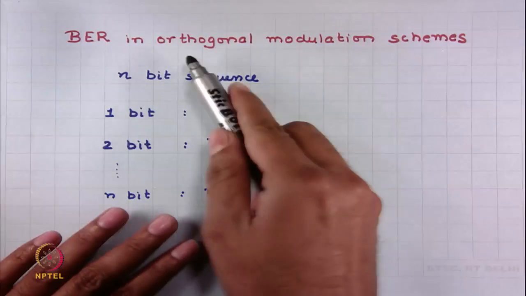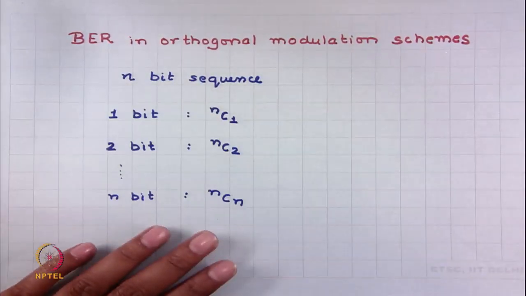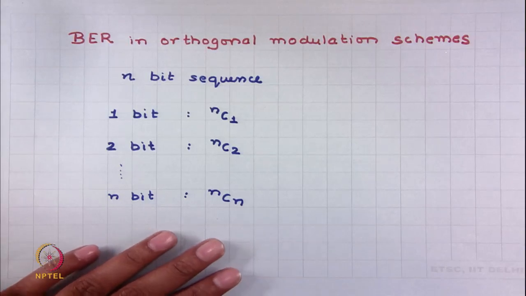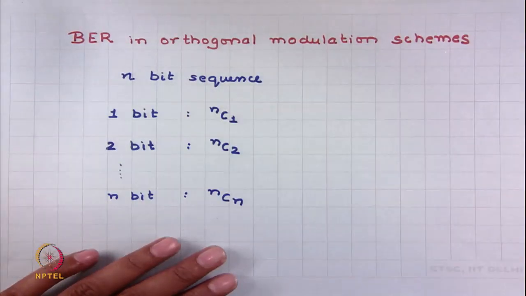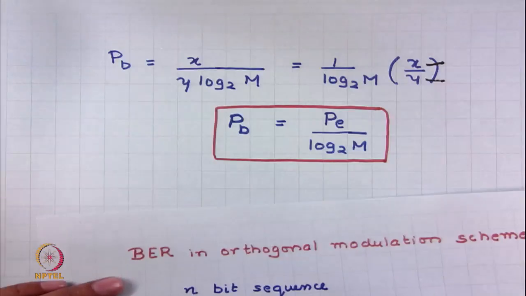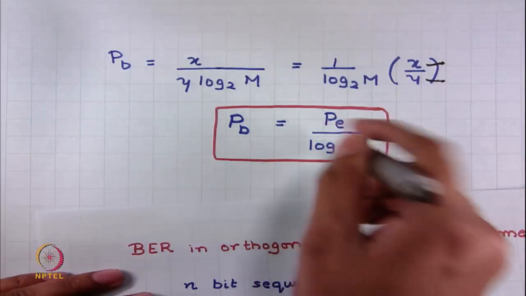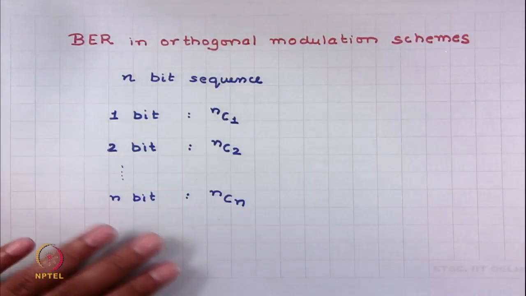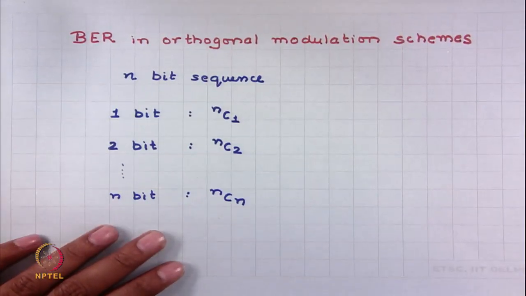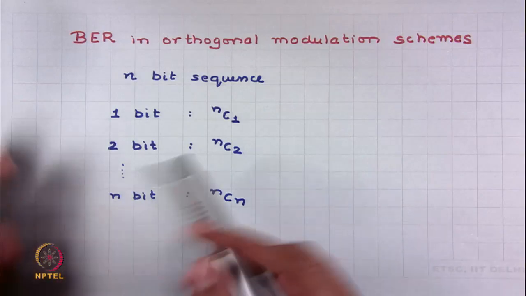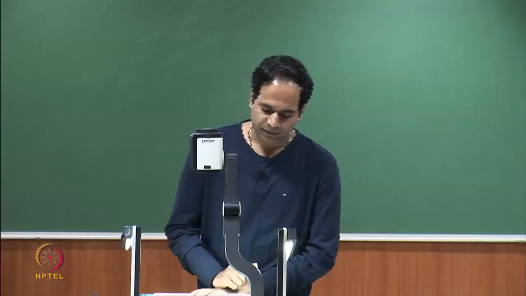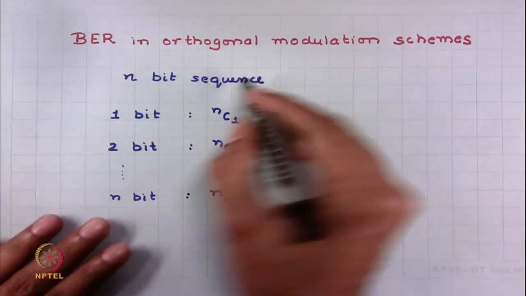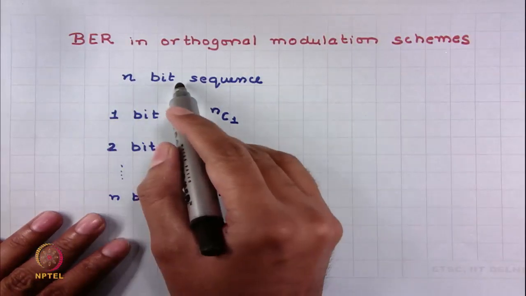This relation cannot be used when we are trying to estimate the bit error rate in terms of symbol error rate for orthogonal modulation schemes. This relationship works fine for QAM, PSK, PAM and so on and so forth, okay, but not when you are using orthogonal modulation schemes. Let us see the idea that is in here. Let us assume that in a symbol I have an n bit sequence.